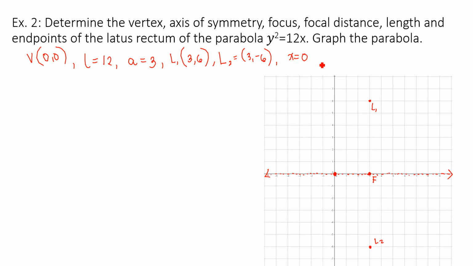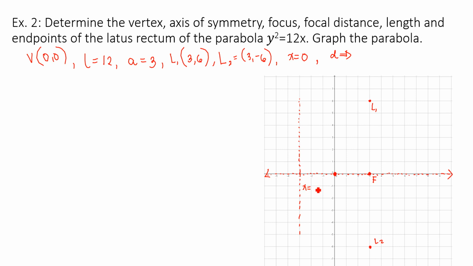And the directrix, since this would be equal to 3, and the distance between the focus and the vertex is equal to the distance of the vertex to the directrix, therefore it passes here. So this would be our directrix. So this is x, not x equals 3.